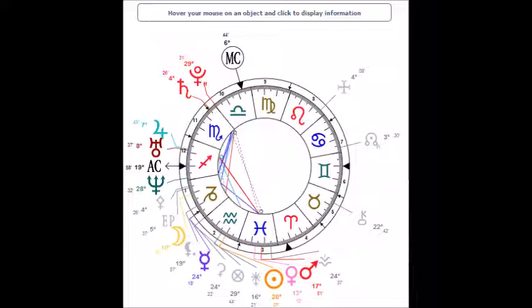Now the number 8, it depends on what card deck you're using. The number 8 can either be the strength card, and the ruler of the strength card is the sun, because that's your lion work, that's your divine masculine working with your divine feminine.